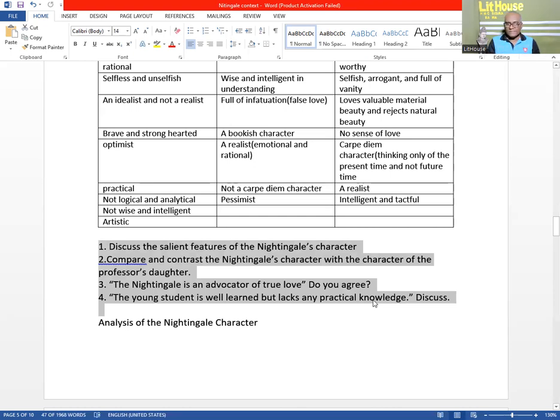Now, you need the outline to create a detailed essay, a detailed discussion on the Nightingale's character. Right? Nightingale's character, or the professor's daughter's character, or the young student's character. Such types of questions will appear in the examination paper.